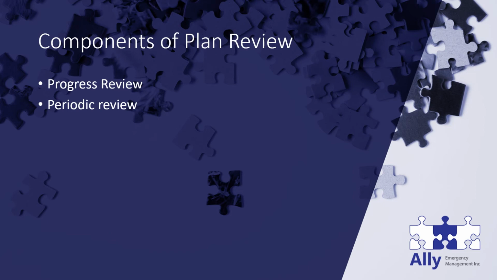There are two components of plan review. One is a progress review, which is done as the plan is being executed. So as each part of the plan unfolds, the team assesses the situation in terms of the changing nature of the problem that you're trying to solve.